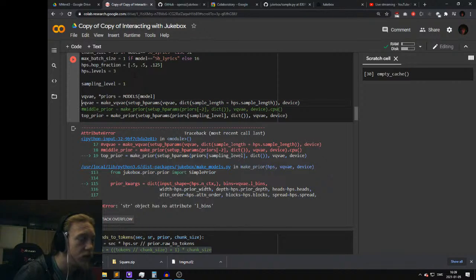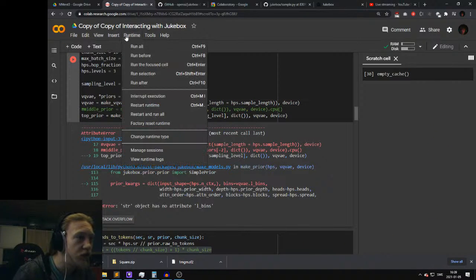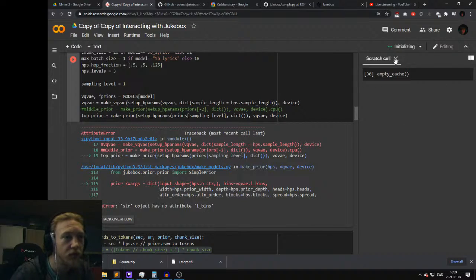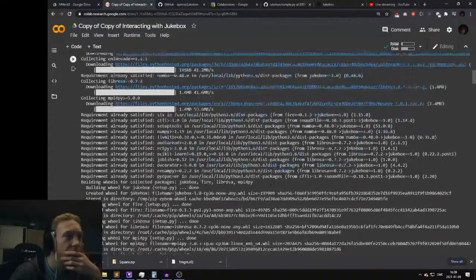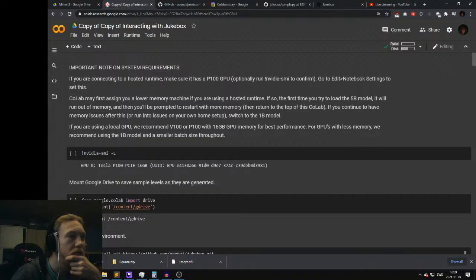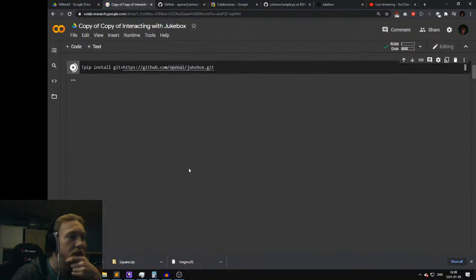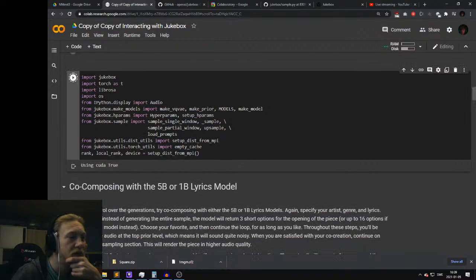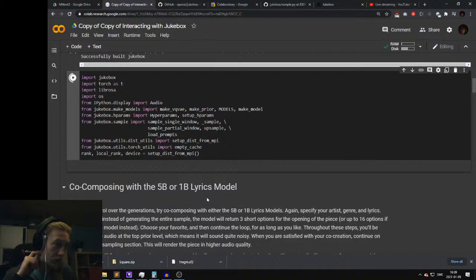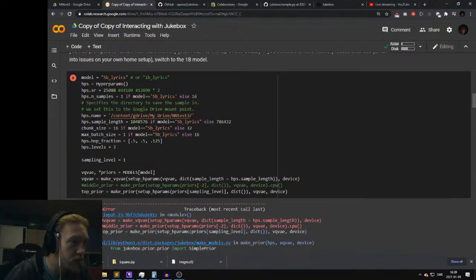Something's going wrong. Let's just restart. Restart runtime, yes. That sucks. Did it restart? Might have. If it did, it's not gonna fail here. Okay, it did restart.